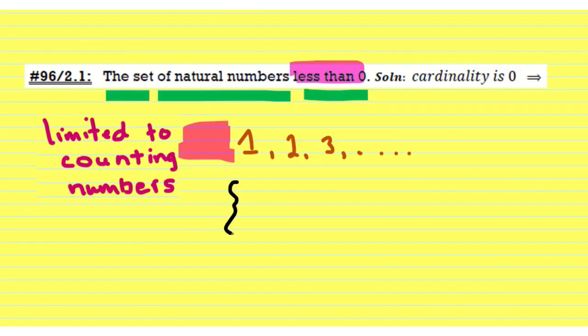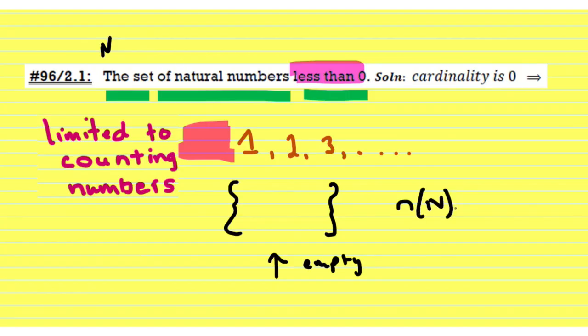So that means if we had our braces up here, we would put nothing in there. So it is the empty set. Let's call this set N. So the cardinality of this set N is going to be equal to 0.